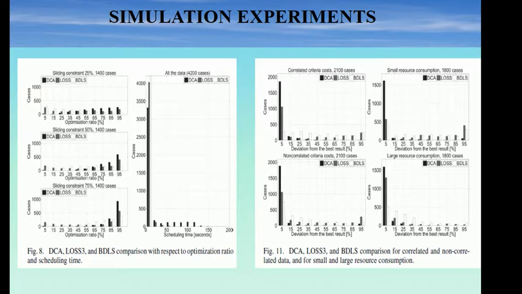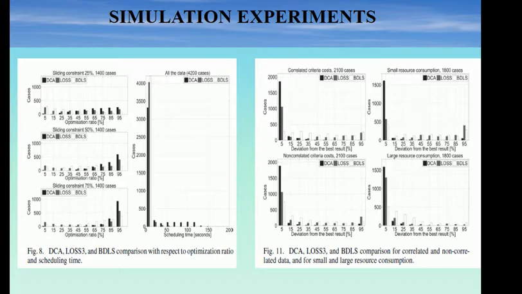That is how the difference is made, and based on these criteria, the comparison is done between LOSS3 and BDLS. Still, here the result would be best for the DCA algorithm.